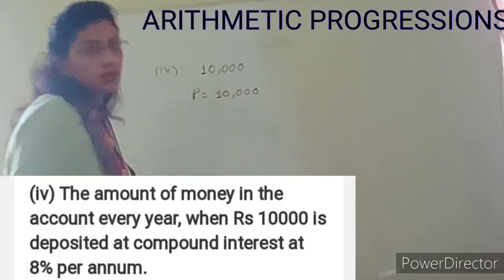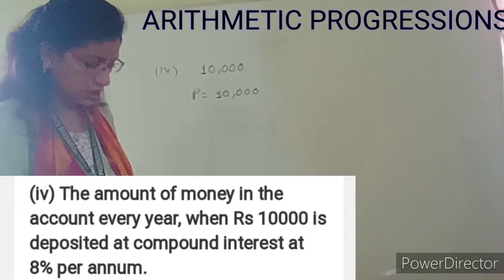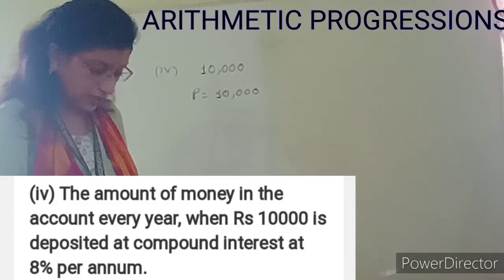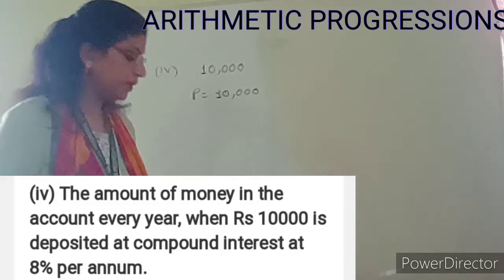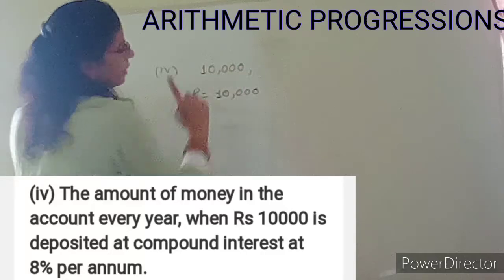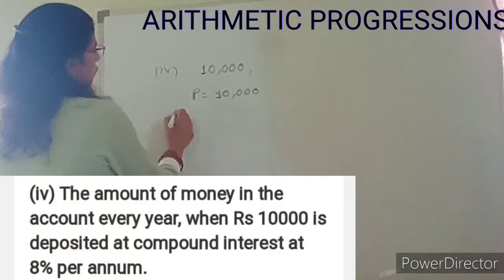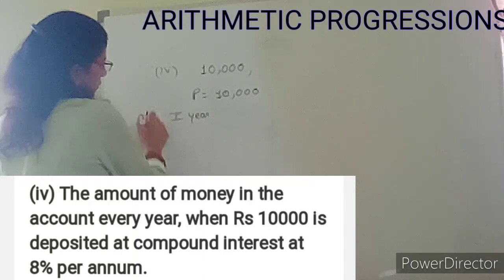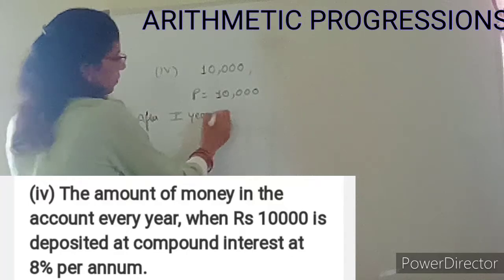This is given to you. 10,000 is deposited at compound interest at 8% per annum. So this means, in the first year, how many rupees do you have? 10,000 for the completion of 1 year. Okay, so after 1 year, what is the amount?